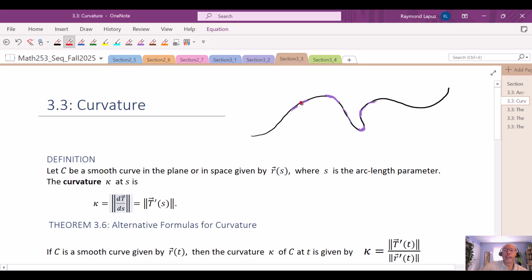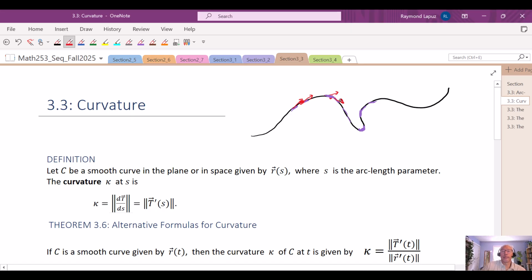So looking at how things curve, if we take a look at somewhere over here, this point, a little bit before it, a little bit after it, we see that the tangent vector doesn't really change much. So this is going to have a low curvature. Now over here, if we're looking at a particular point a little bit before that, a little bit after that, we see that the tangent changes a little bit more drastically than the first point that we looked at.